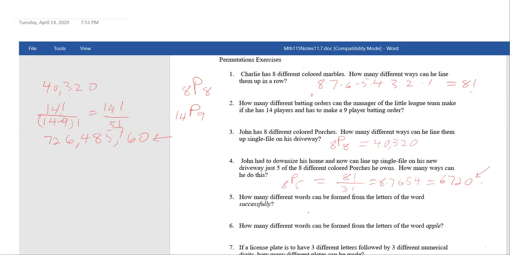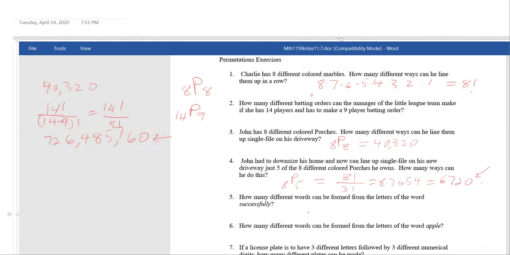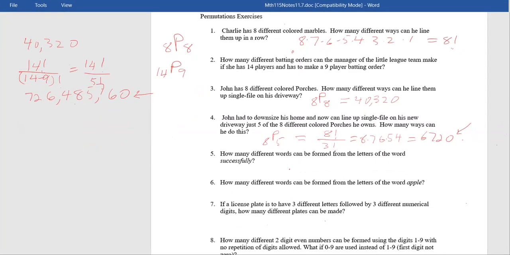How many different words can you form from the letters of the word successfully? Well, successfully. How many letters are there? Count them up first. I see 2, 4, 6, 8, 10, 12.